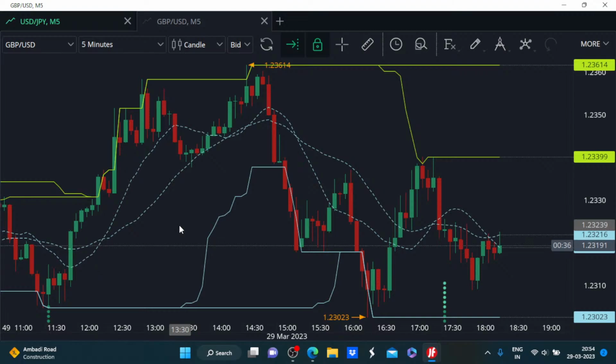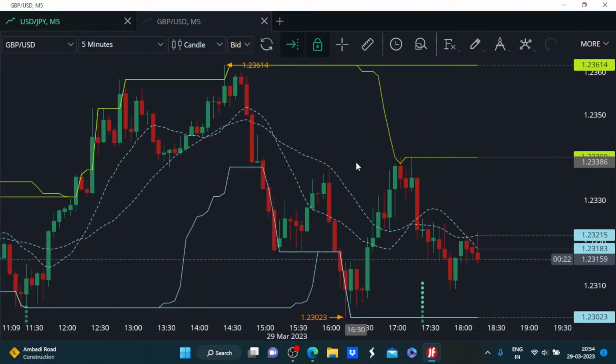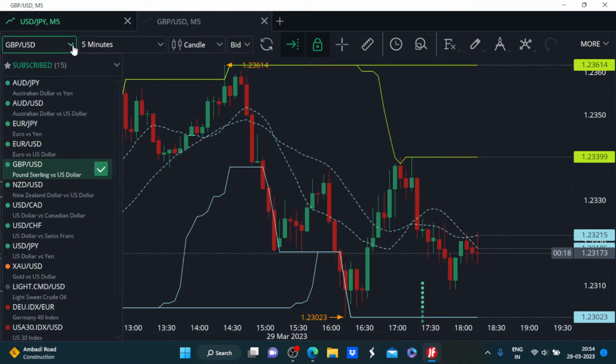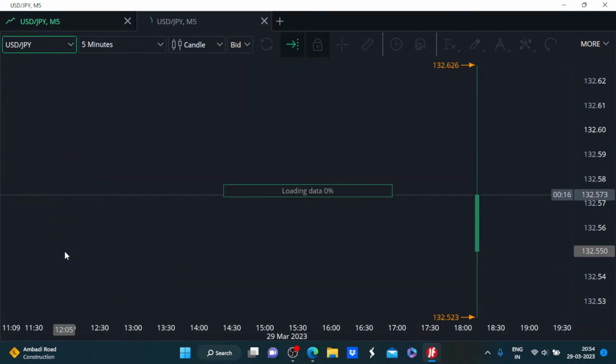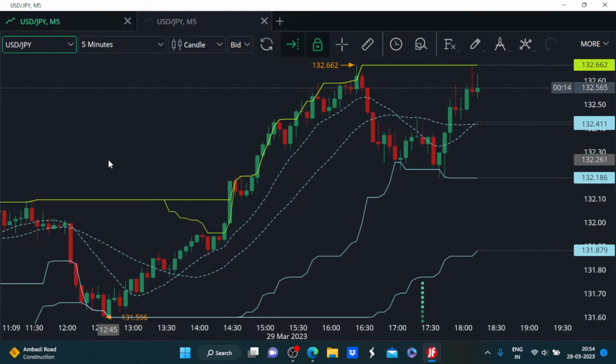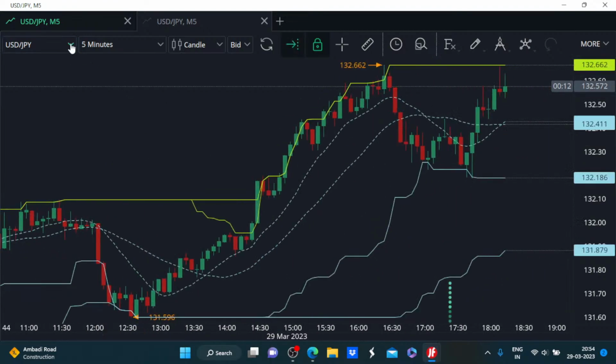So I think GBP also is a currency cross where waiting on the sidelines is a better approach. There is not much clarity in this price formation, so in light of that, we will do well to simply sit on the sidelines and go with instruments like USD JPY, where there is much more clarity.